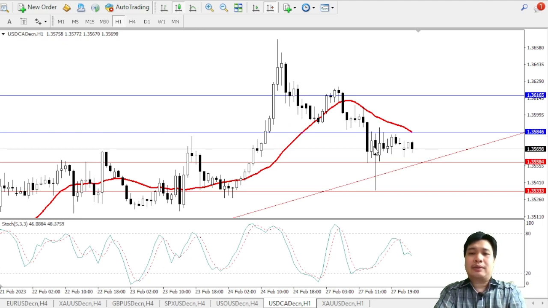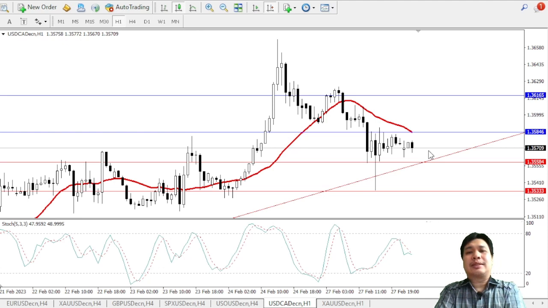The movement is still flat, in the range between our support and resistance. So it's possible it will keep moving between the first support and resistance levels until they release the GDP and the consumer confidence in the USD and the Canadian dollar.